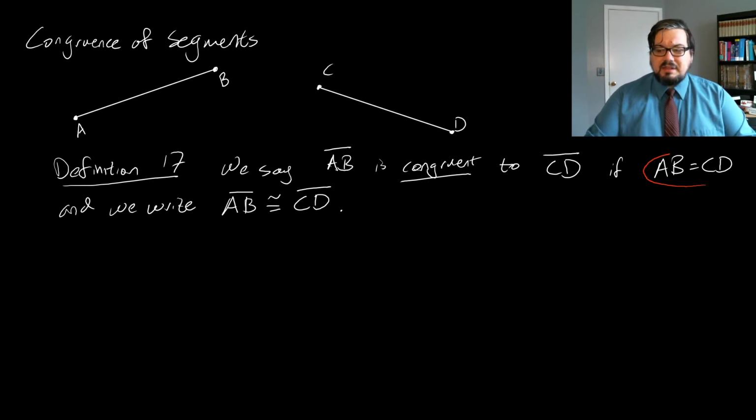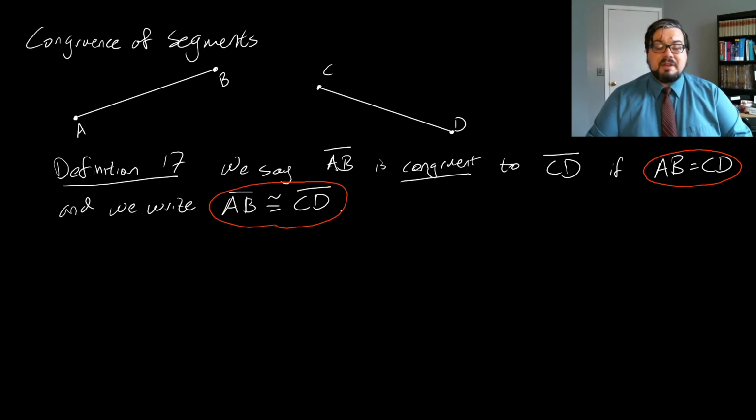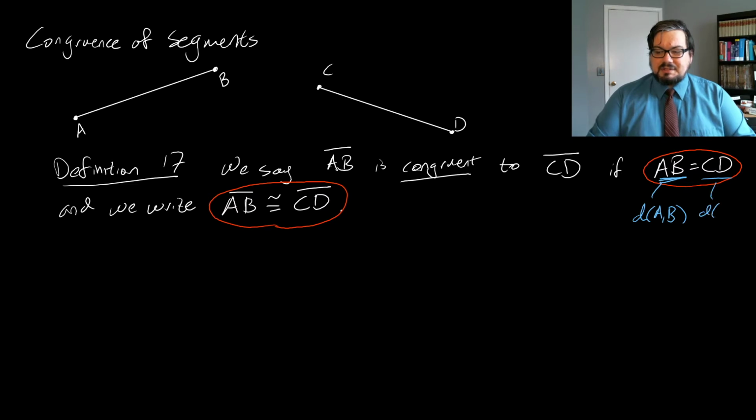Now, some important points of notation here. Notice that these two statements look similar, but they've got some differences, and those differences are important. So remember that when we just write AB without any decoration on it, that means the distance from A to B. This is the distance from C to D. In particular, if I just write down AB with no additional decoration, that's a number.